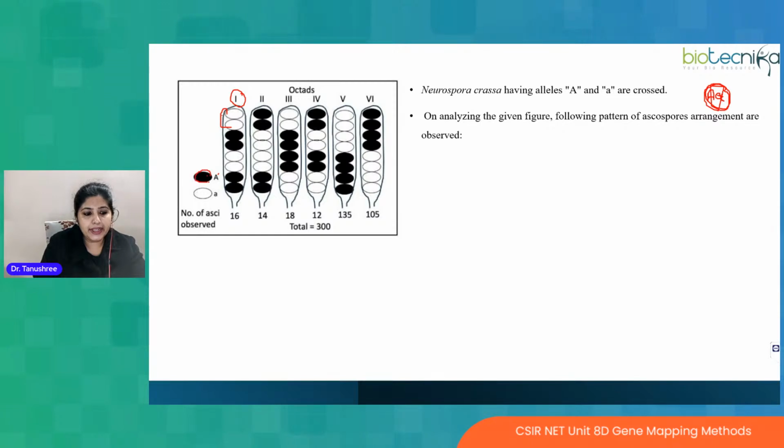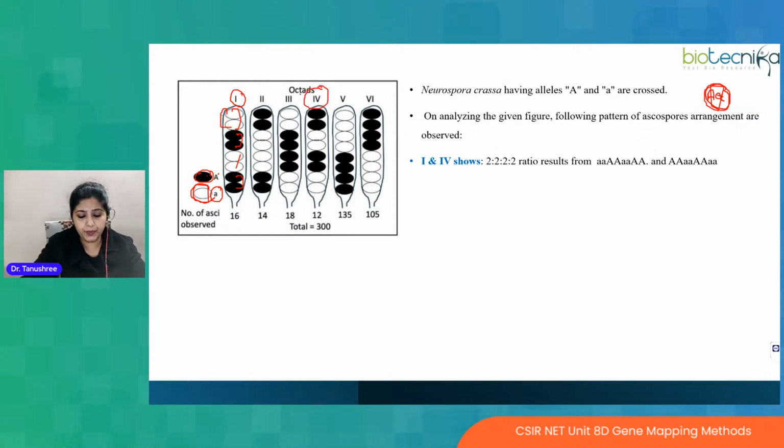Here the uppercase allele A is represented with the shaded circle, and the unshaded one represents the other allele. Here you can see the ratio is 2 is to 2 is to 2 is to 2. These two are of one type, these two another, these two another, these two another. And not only in 1, we are getting the same in 4 also. So 1 and 4 will show a 2 is to 2 is to 2 is to 2 ratio.